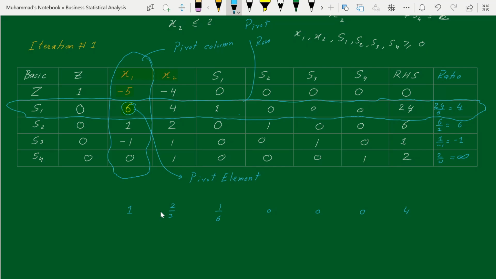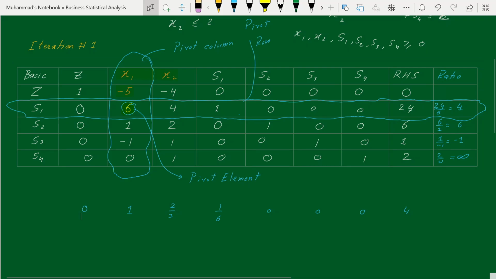And here it's 0, so it will be 0. So we converted this pivot element into 1, and we have the equation. We convert all coefficients by dividing with 6, using the properties of matrices.